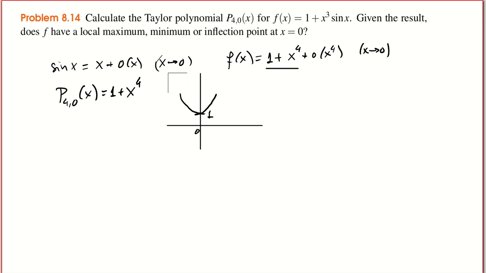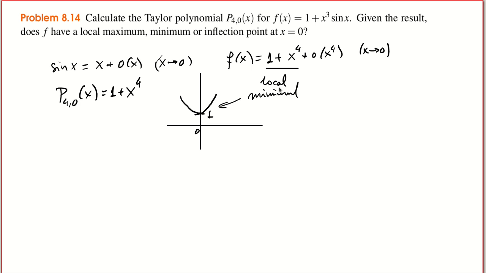Locally, this is locally. Further away from 0, it doesn't behave like this. It oscillates because it's multiplied by a sine. But we don't care about that. We care close enough to the point 0. And we have a parabolic-like shape like this. This is not parabolic because it's x^4, but the behavior is the same. It's like this. So clearly, this has a minimum. There is a local minimum of the function there.